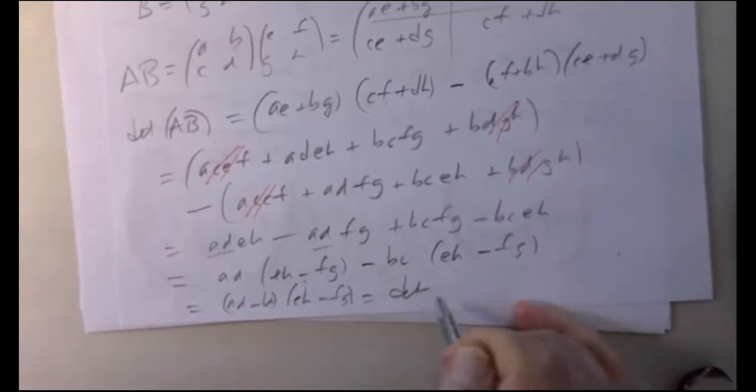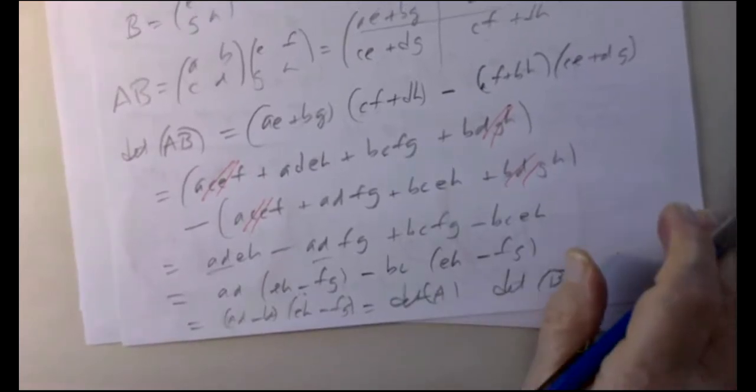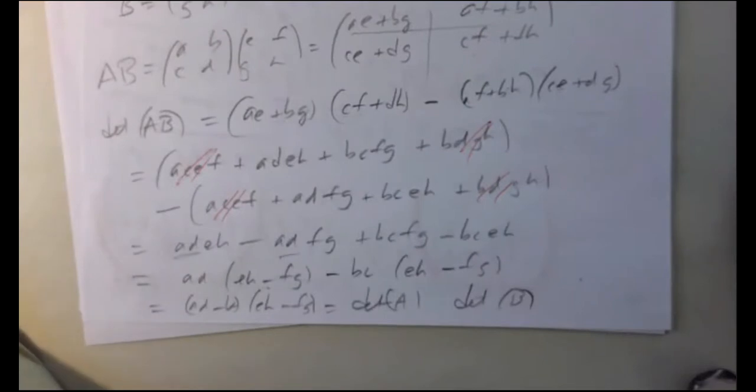That's the determinant of A times the determinant of B. So basically, it's a simple calculation, but it is a calculation, and you do have to know how to multiply, okay?